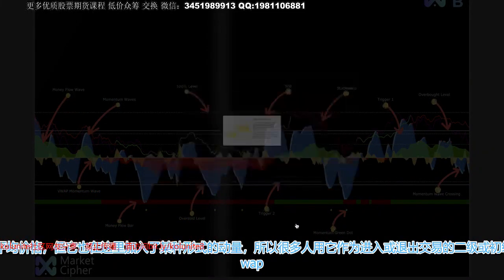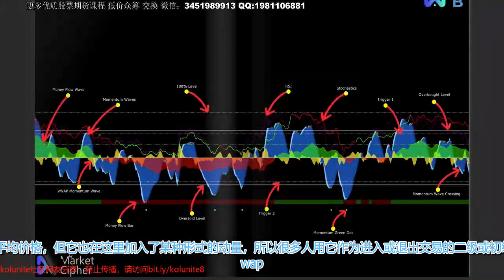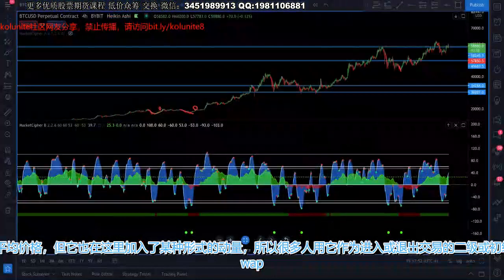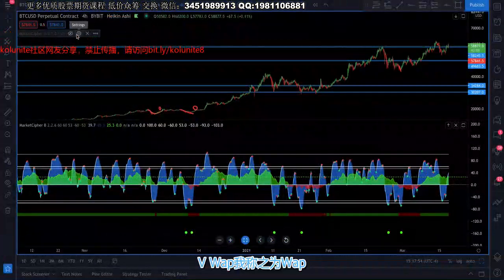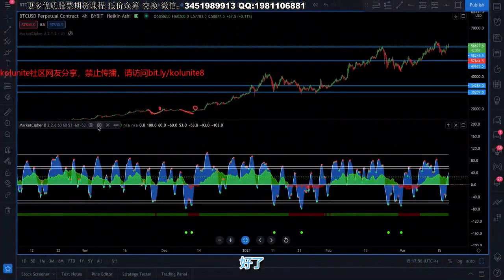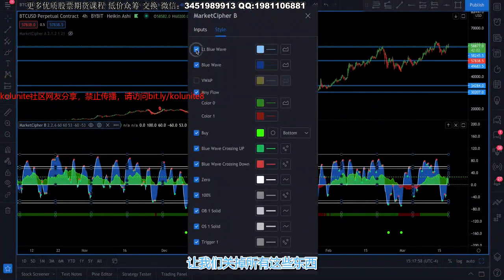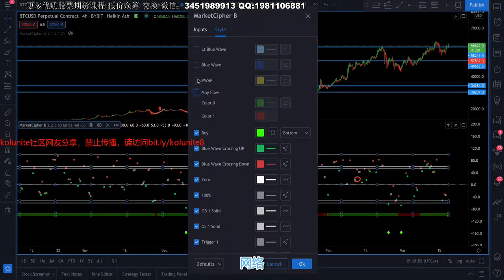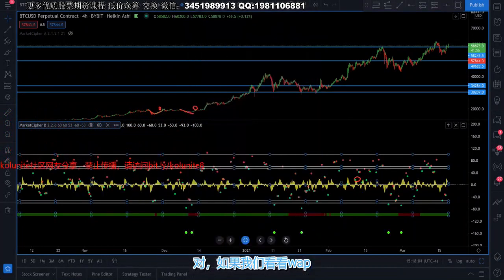So a lot of people use this as a secondary or primary confirmation to enter or exit a trade. If we look at the VWAP, I call it the WAP, all right? Let's turn off all of these things and just turn on the WAP.